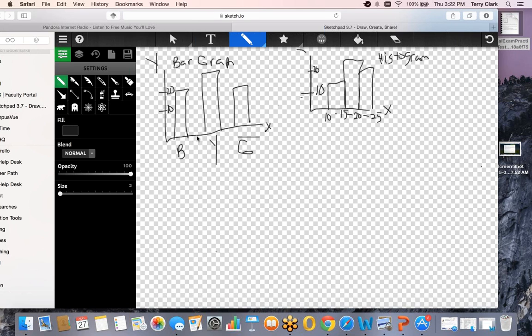Okay. Well, what are we noticing down here? Yeah, that's correct, Michelle, that the information is given in different terms.